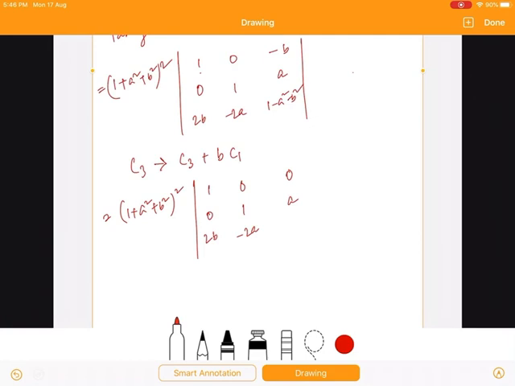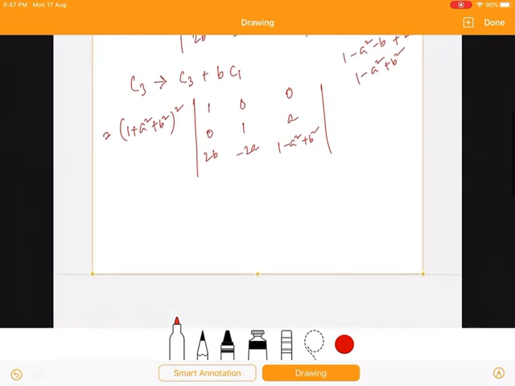And the other one will become C3, which is 1 minus a square minus b square plus b into 2b, so plus 2b square. So what I get is 1 minus a square plus b square. Yes or no? So this is what we get.